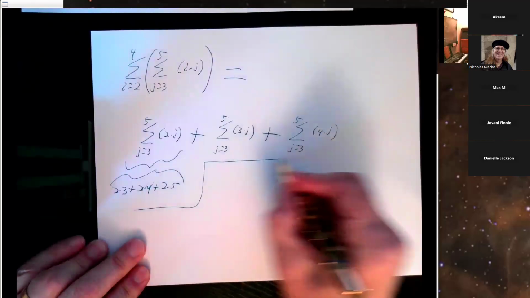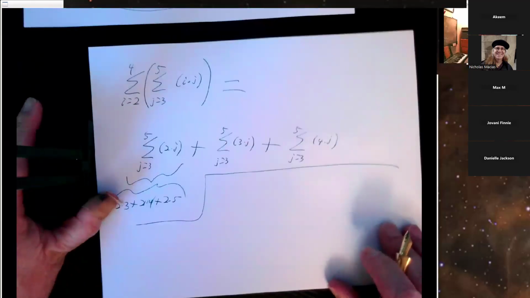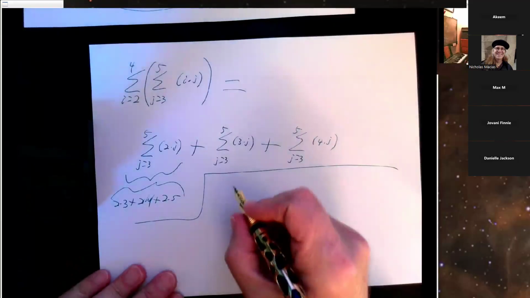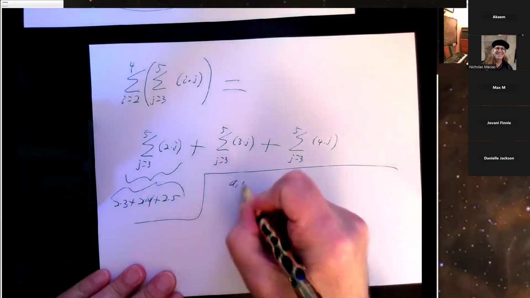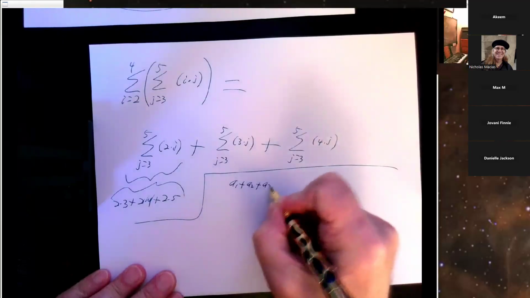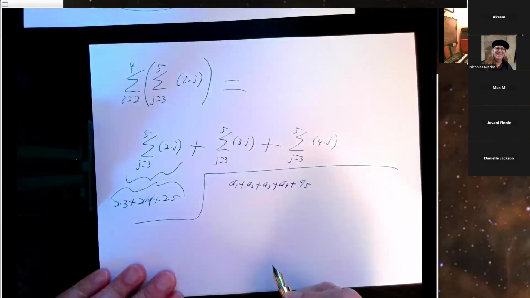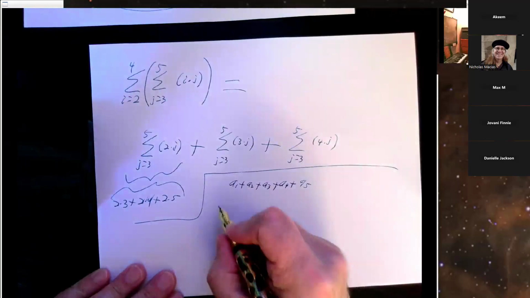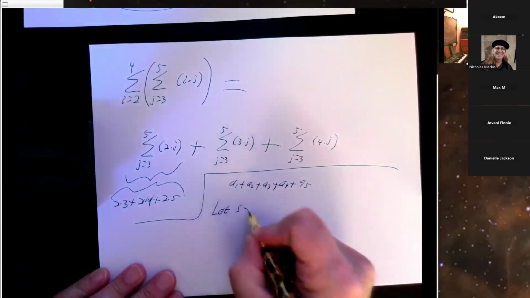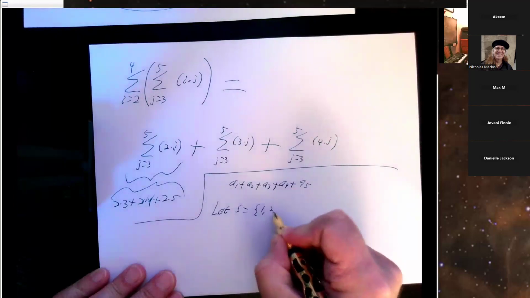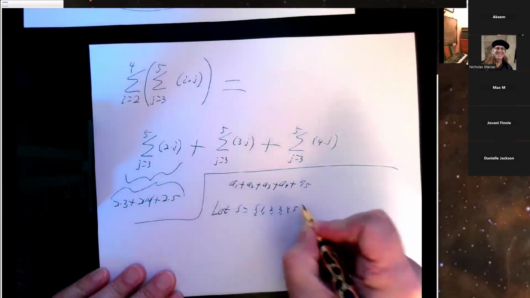All right, there's other ways that we might see summations represented. For example, if I want to do A1 plus A2 plus A3 plus A4 plus A5, I could say let S equal the set 1, 2, 3, 4, 5.